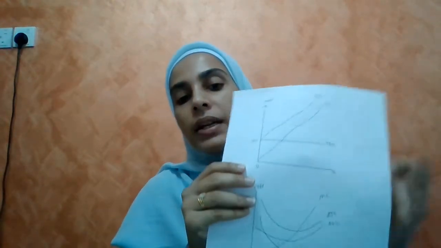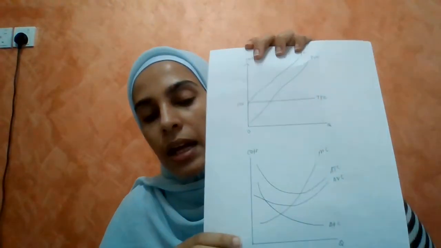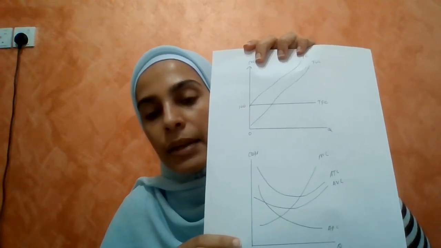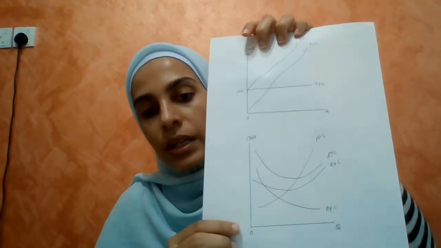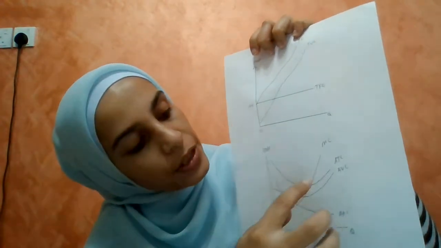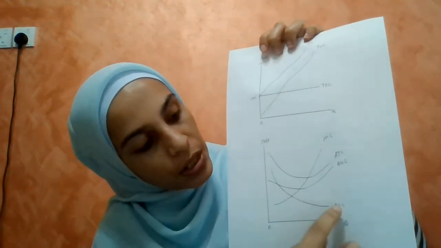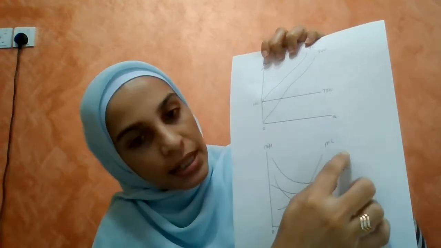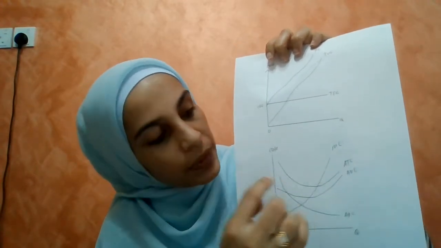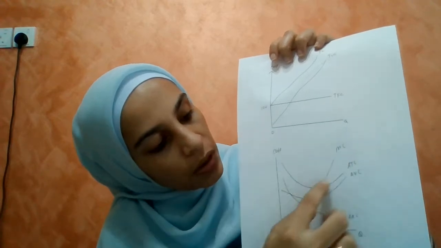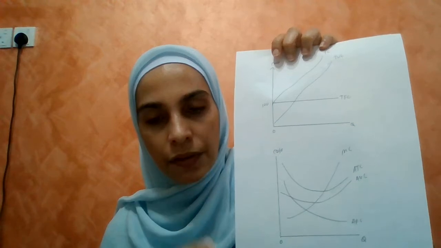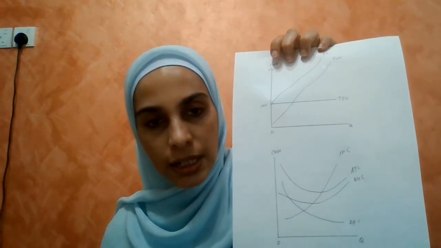Okay. And then yang ini adalah average fixed cost, average variable cost, average total cost, and marginal cost curve. Average fixed cost is downward sloping, and then average variable cost is U-shaped, average total cost is also U-shaped tapi di atas kedua-dua average fixed cost and average variable cost curve.